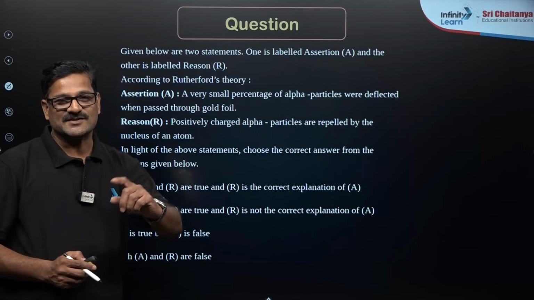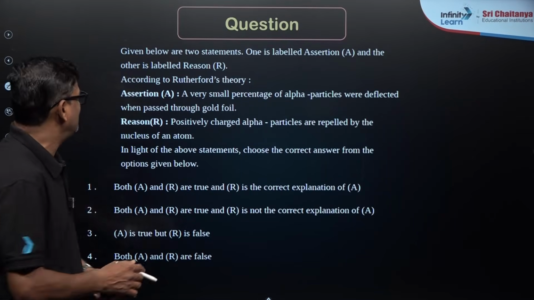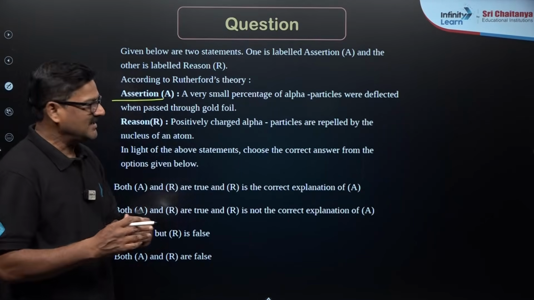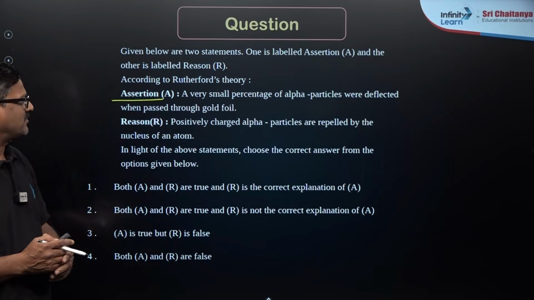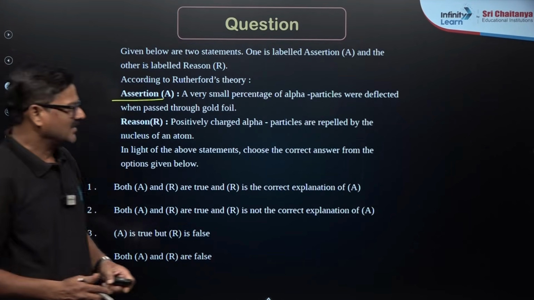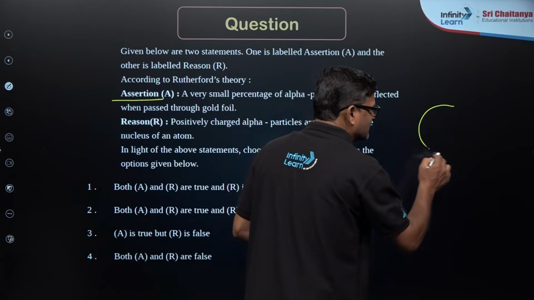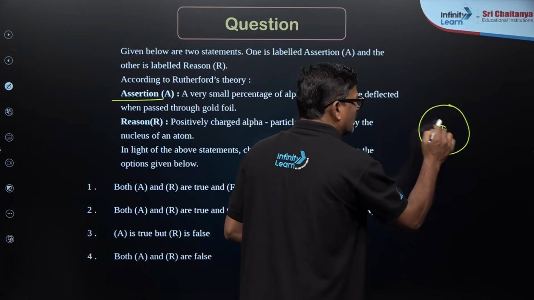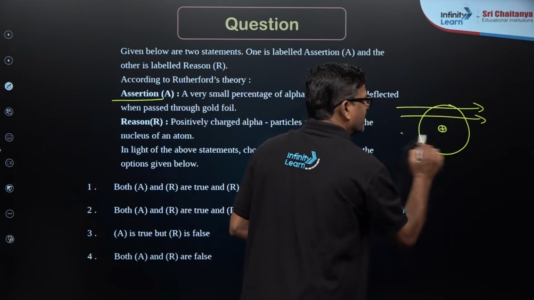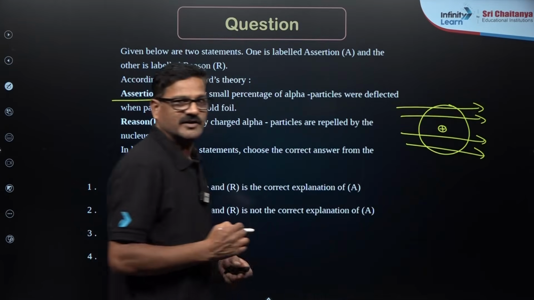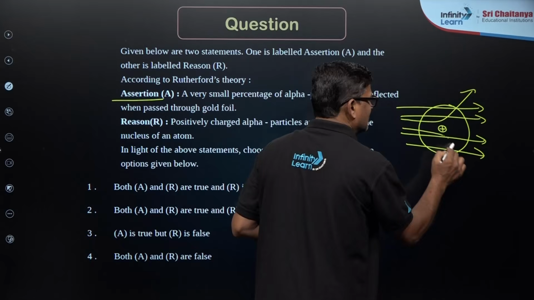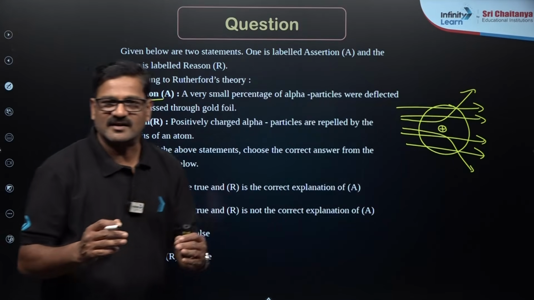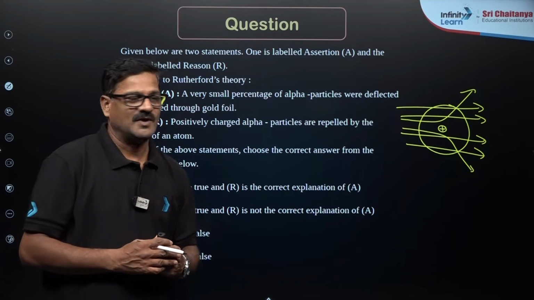Moving ahead, it is also an assertion reasoning type question. In the assertion, it is said that a very small percentage of alpha particles were deflected when passed through the gold foil. Yes, according to the alpha ray scattering experiment, most of the alpha particles penetrate through the gold foil without any deflection, but very few are deflected either with a large angle or very small angle.